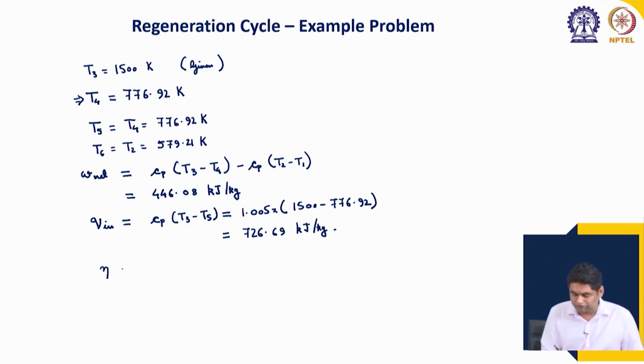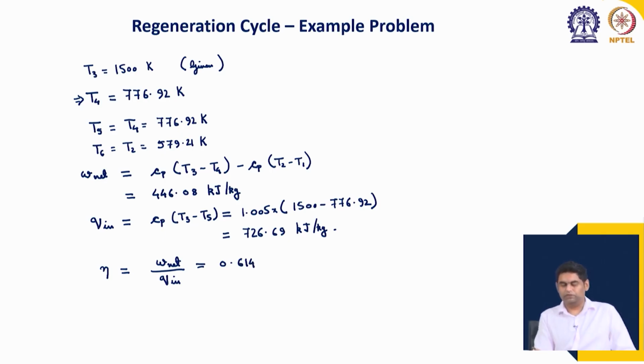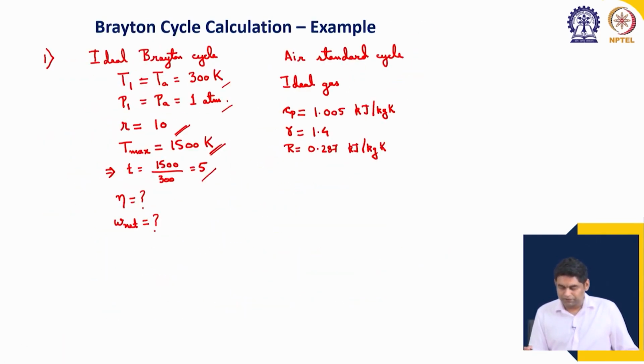So, now the efficiency is equal to W net by Q in. Once you replace these values of W net and Q in, you get that the efficiency is equal to 0.614, that is 61.4%. Let us see how these values compare with the simple Brayton cycle.